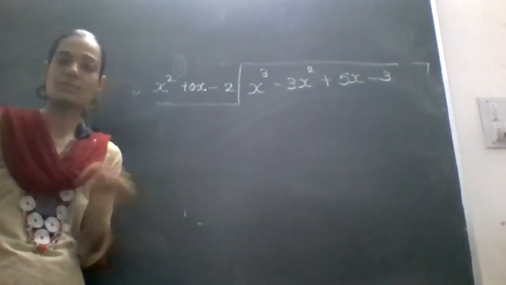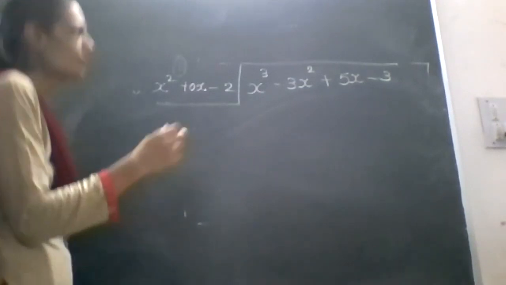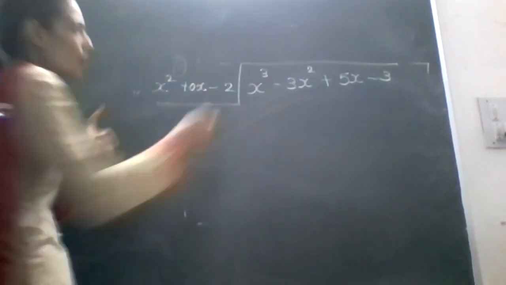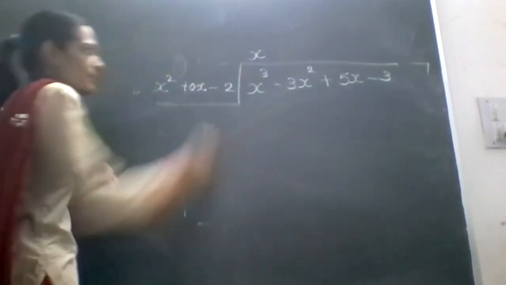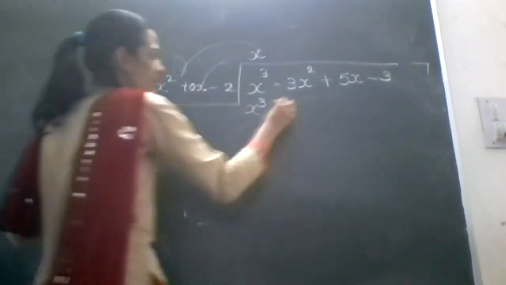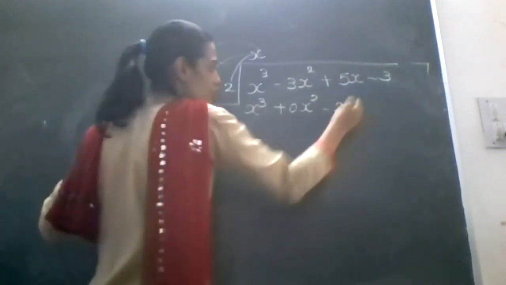Okay. Now what will you do? Here x square is there, here x cube is there. So what do we want? We want one x only. x cube, multiplied by 0x square, multiplied by this will become minus 2x.